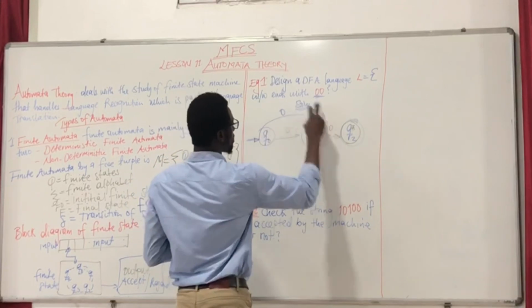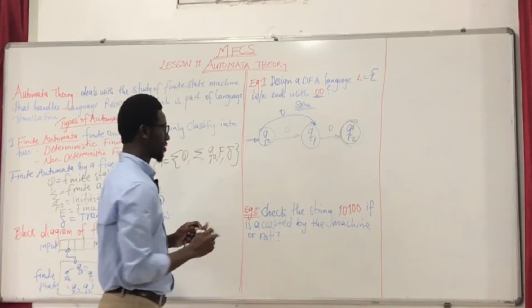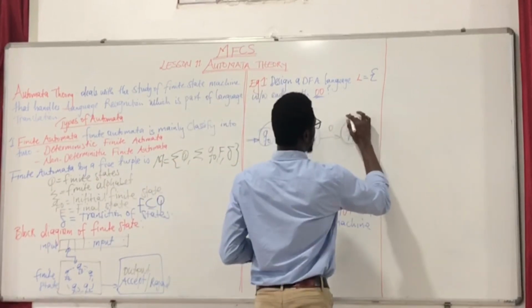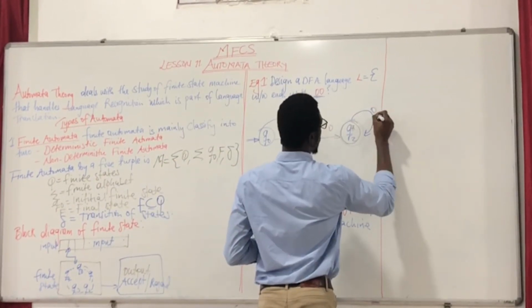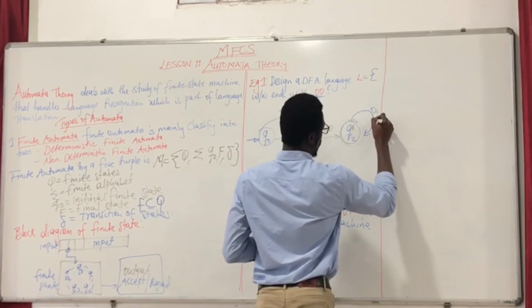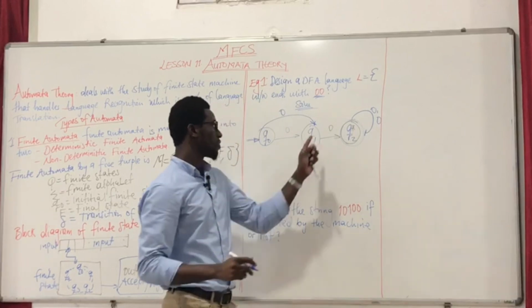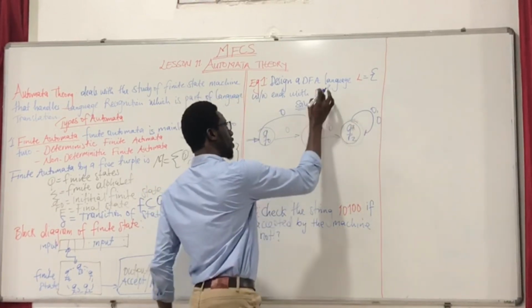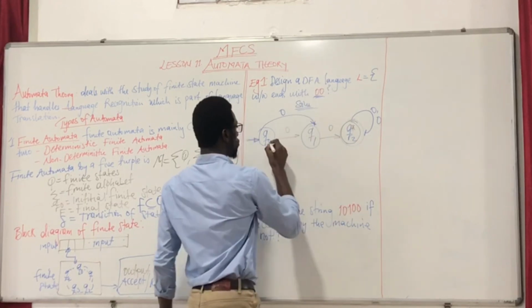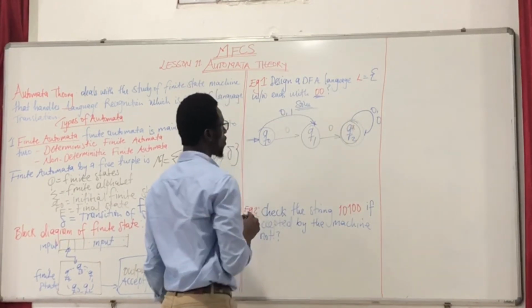If you come here 0, then 0 again, you reach the final state. Then here again 0, 0, because we need to end with 0, 0. So if we say here 1, this one can either be 0, 1.